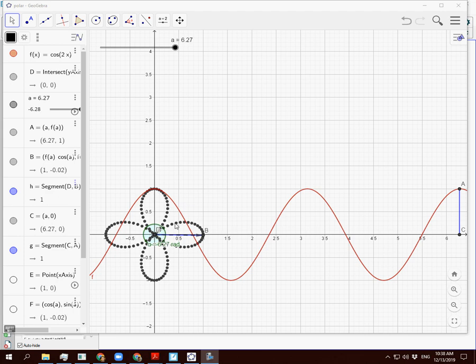Now, the exceptional one is the pole. The original rectangular function, y equals cosine 2x, does not have origin symmetry. But the polar function does have pole symmetry. So let's see what the different tests are and why they work.